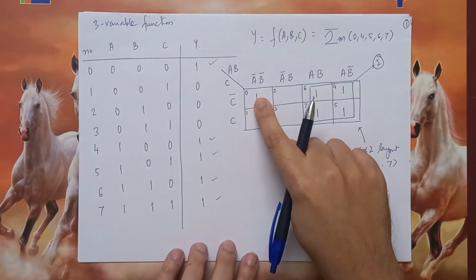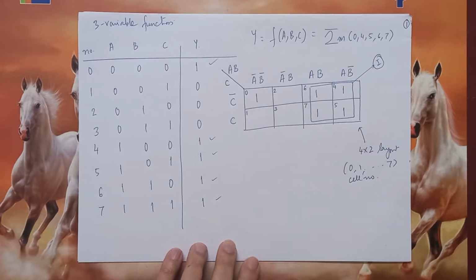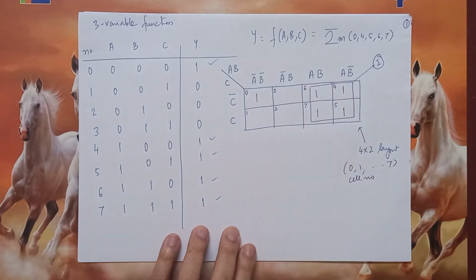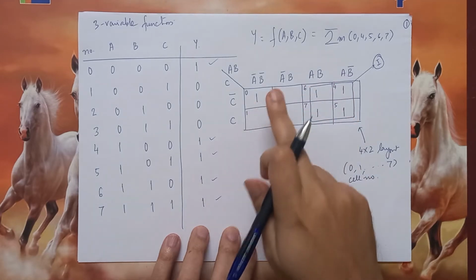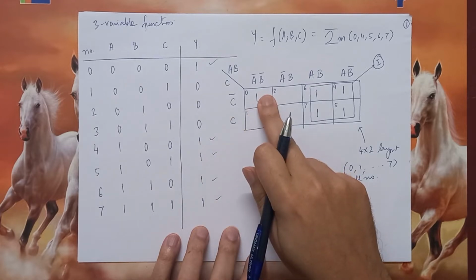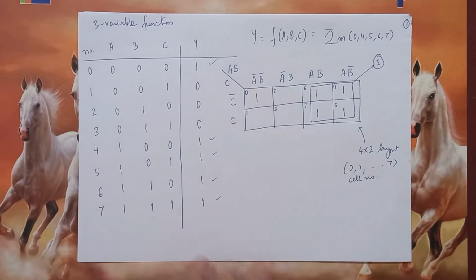There is one more 1 left, which is over here. Now this poor fellow is away from all of these ones. So therefore, it seems that this one cannot be grouped with anybody else. Wait, that is not the case.